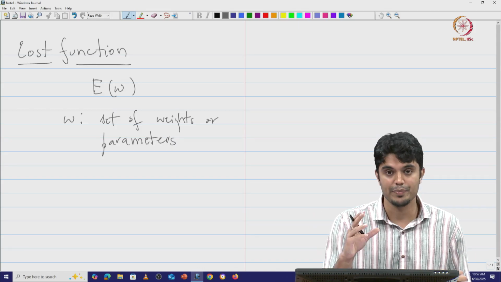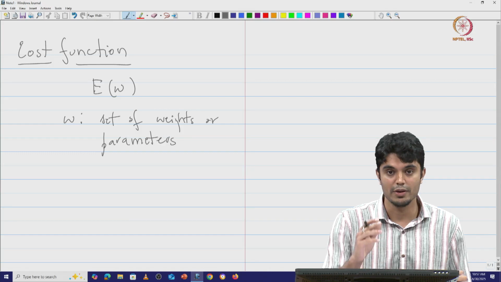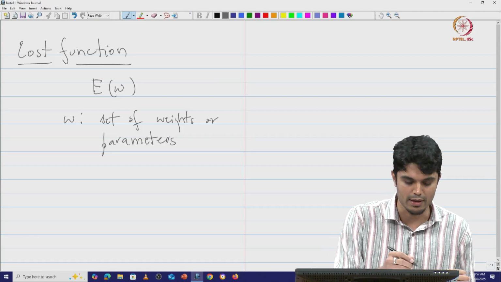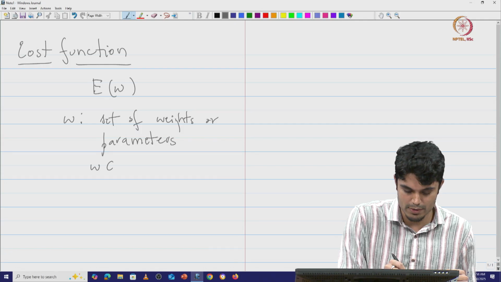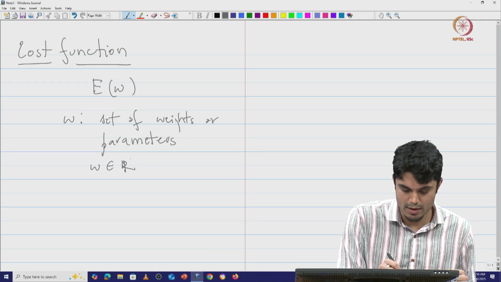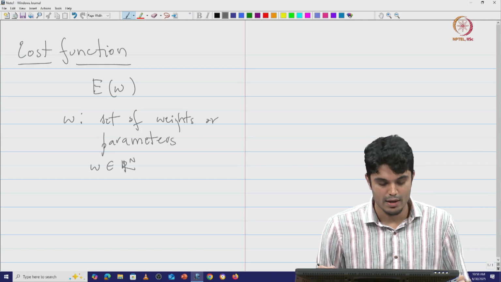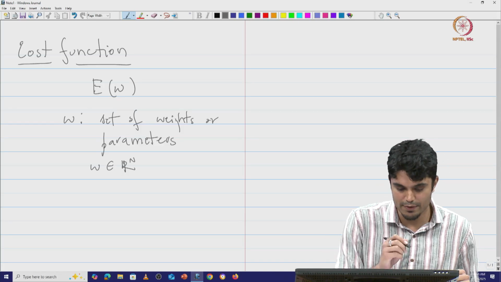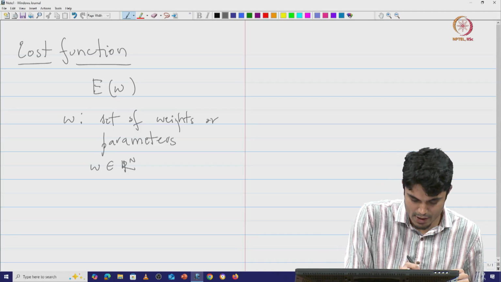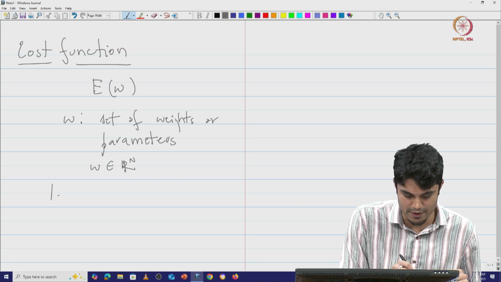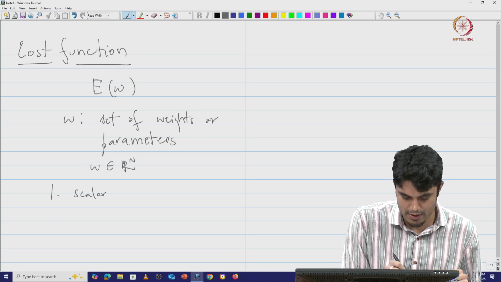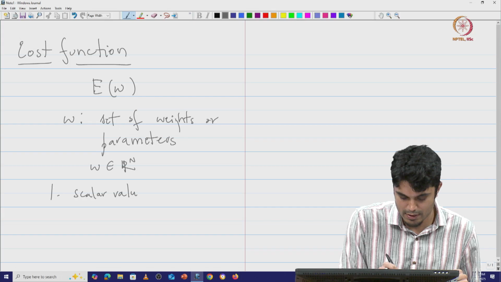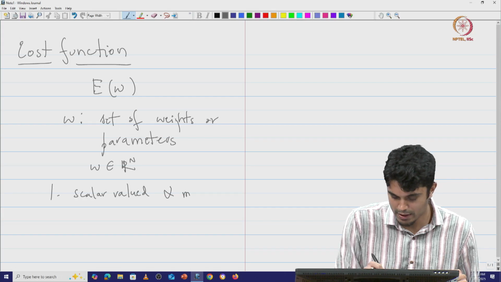So when you have models like that, omega is a vector which belongs to some R n. Looking at the properties of the cost function, you can clearly see the cost function is scalar valued and multivariate.